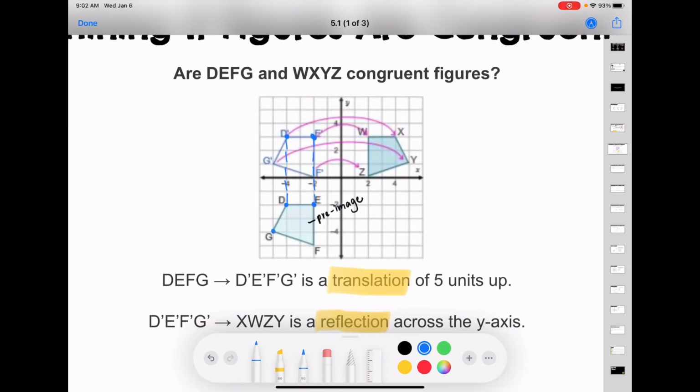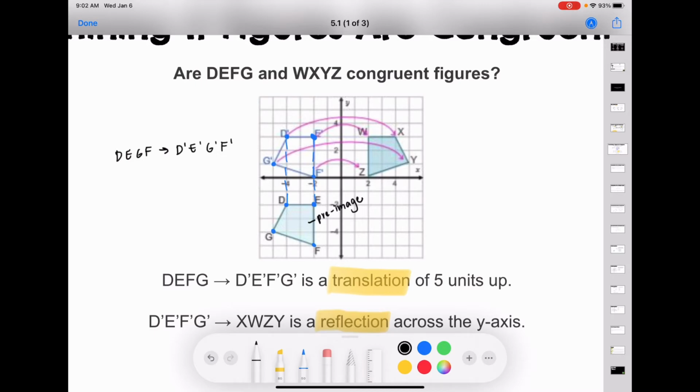G, same thing, F, same thing, thus giving us our image. So we know that in this instance, we went from DE, GF, which was translated to form D prime, E prime, G prime, and F prime.